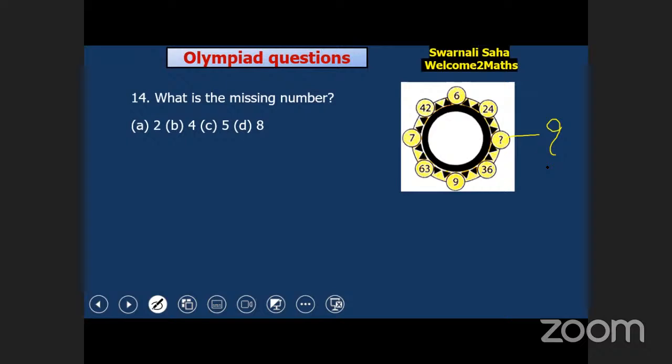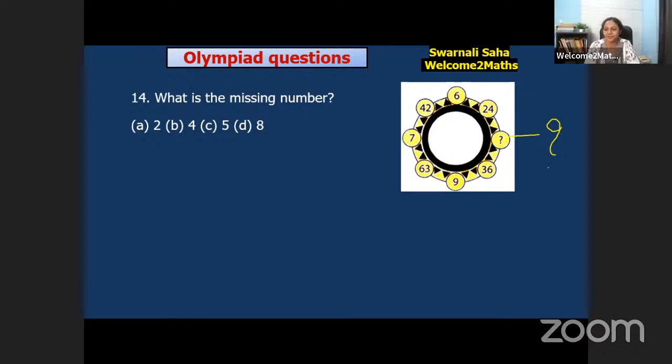Which would be the right one? Can you solve this? So can you solve this? Anyone?